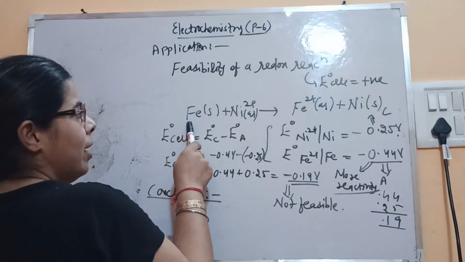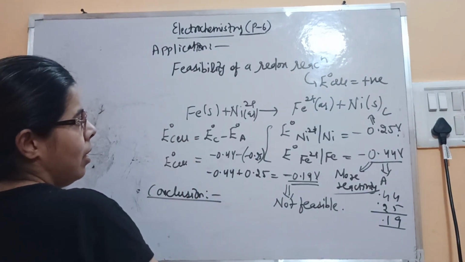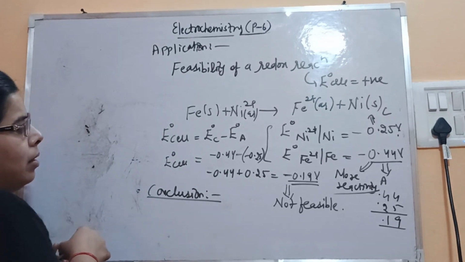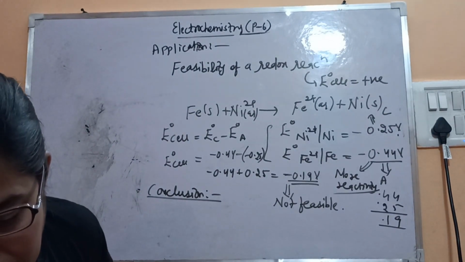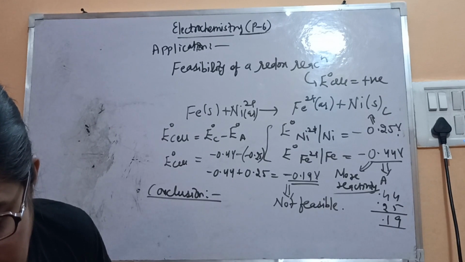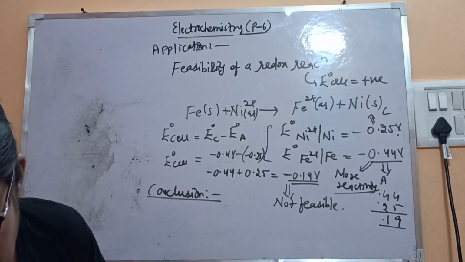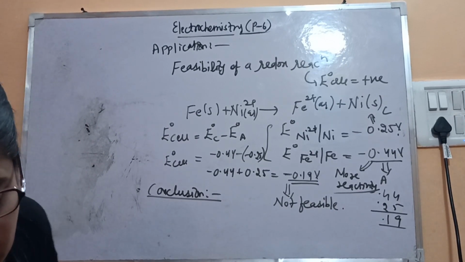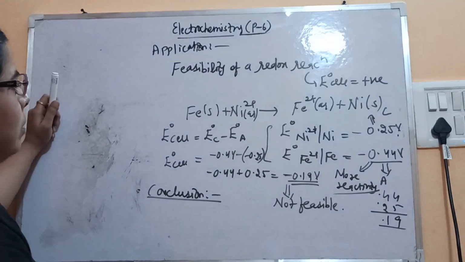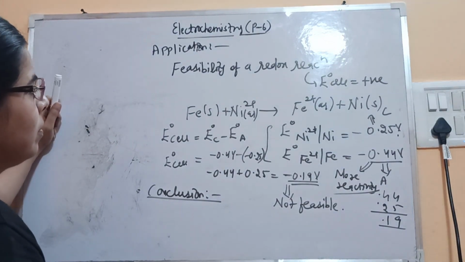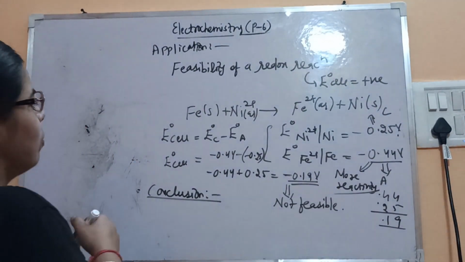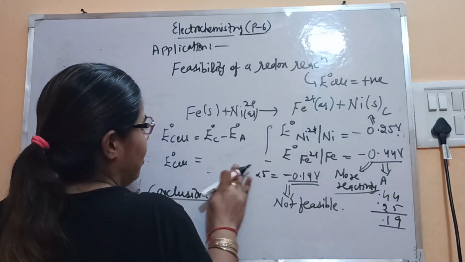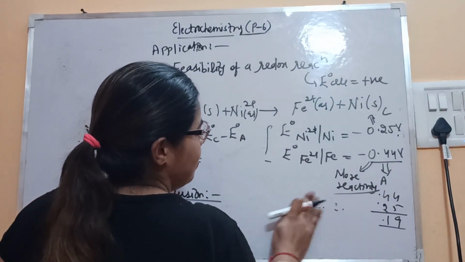So iron, minus 0.44, minus 0.25. Something is there. Okay, sorry. Here I have taken the value opposite.